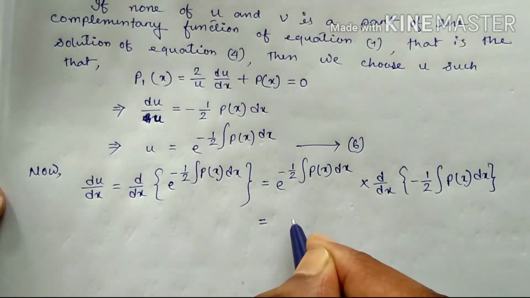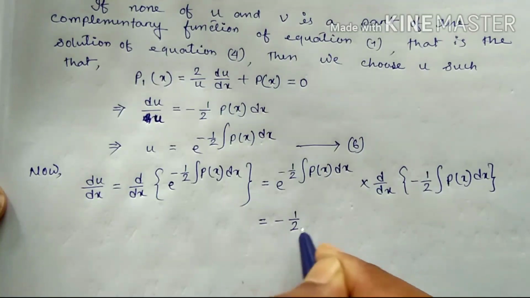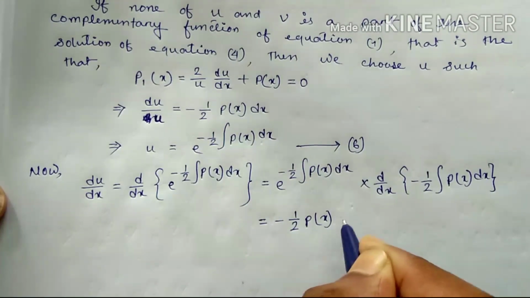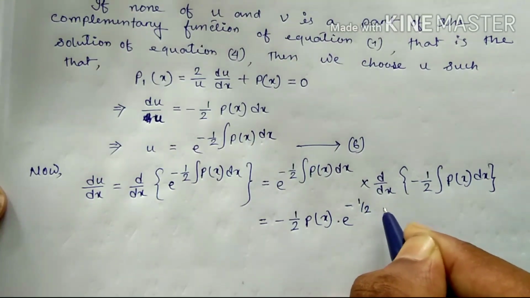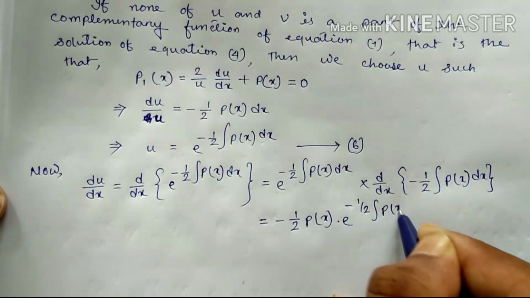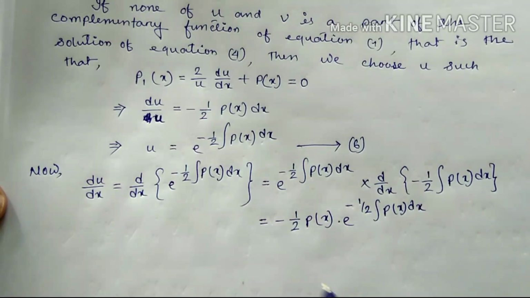This equals minus 1 by 2 p of x e to the power minus 1 by 2 integration p of x dx.